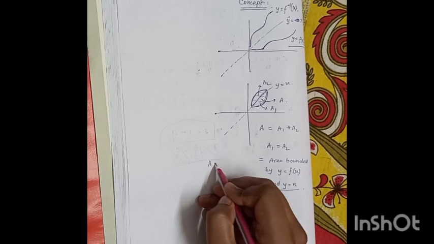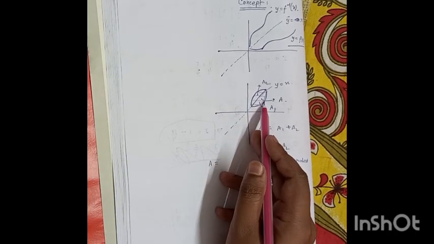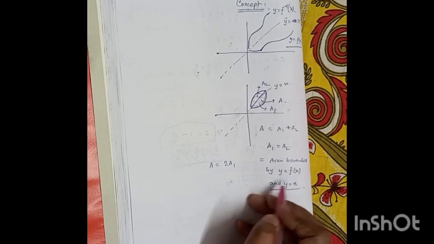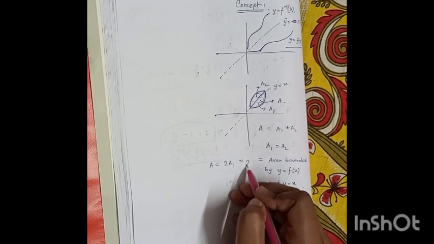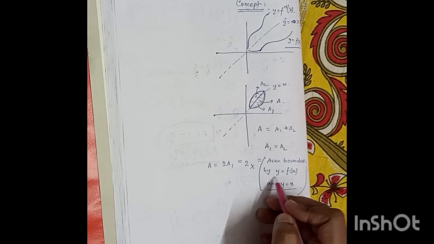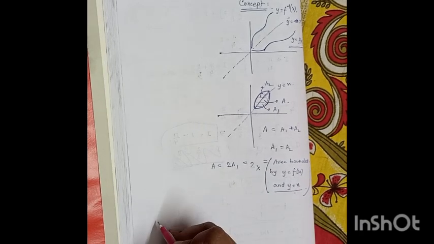So our total area bounded by f(x) and f inverse x will be 2 times A1, that is 2 into the area bounded by y equal to f(x) and y equal to x.